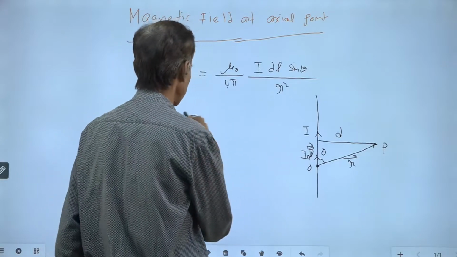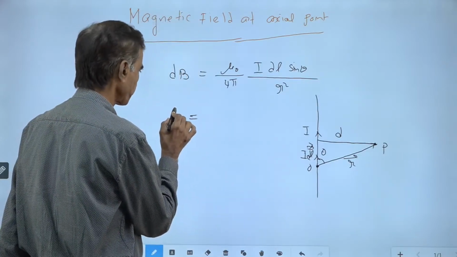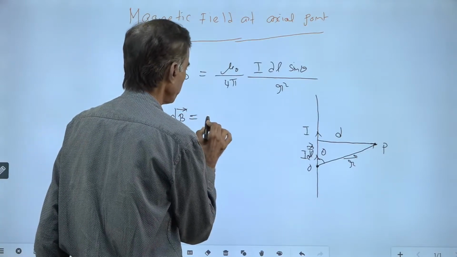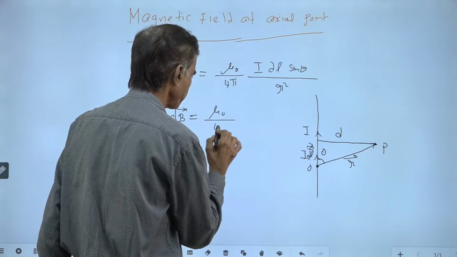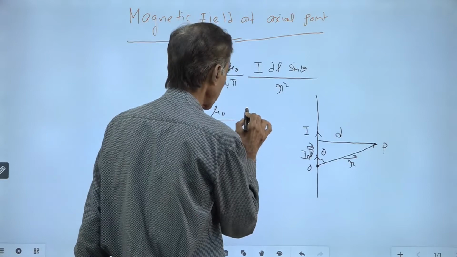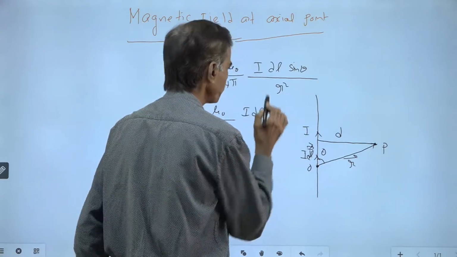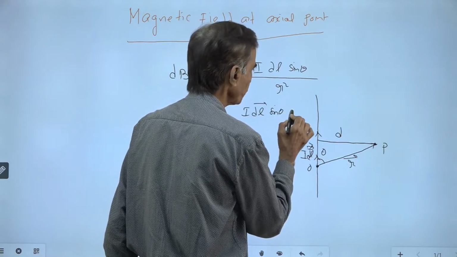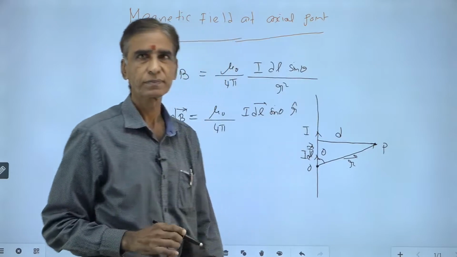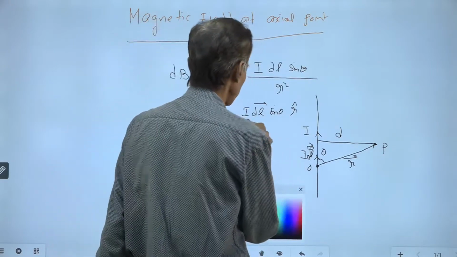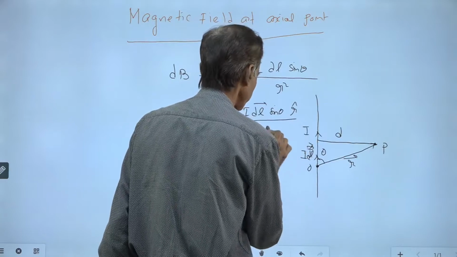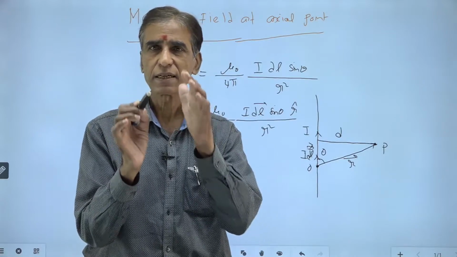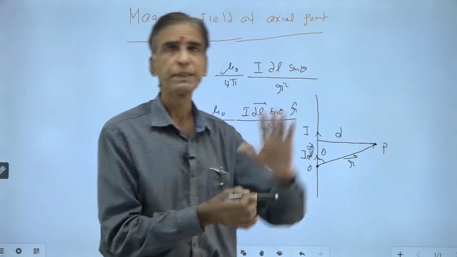Therefore, we will write dB vector is equal to mu naught by 4 pi into I dl vector into sin theta into R unit vector divided by R square. That R unit vector will indicate the direction of the magnetic field at the point P.